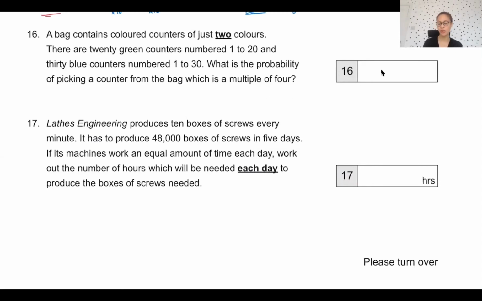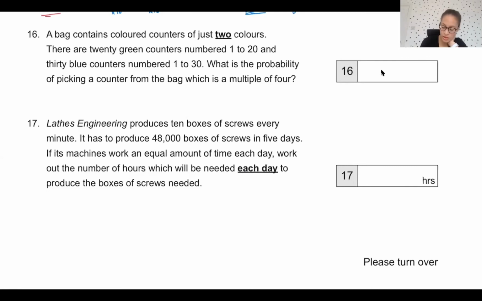So first of all, can you tell me, you can type it in the chat, tell me the green counters that are multiples of 4. So just tell me what number is showing on them for the green ones. Yeah, you start writing those down.